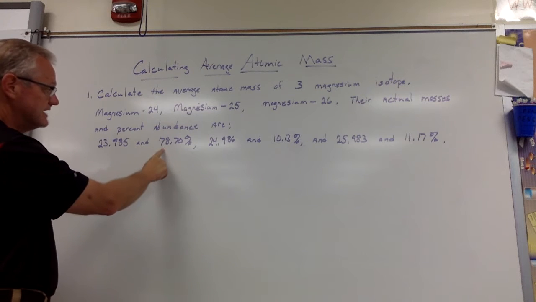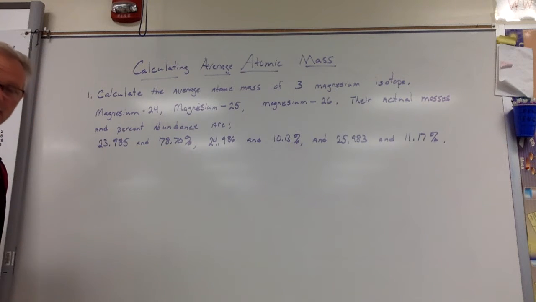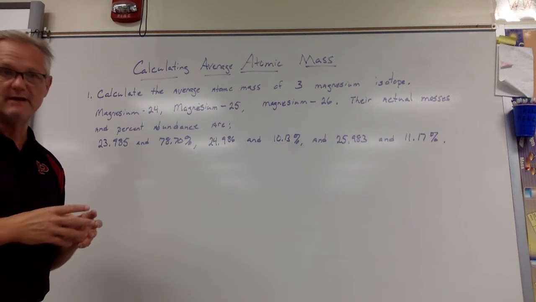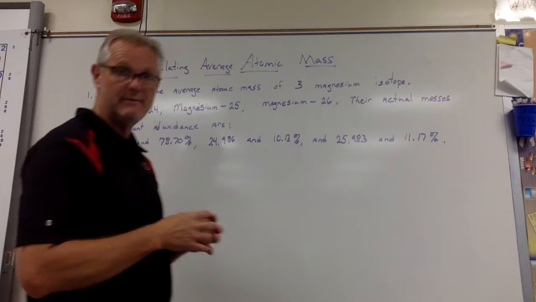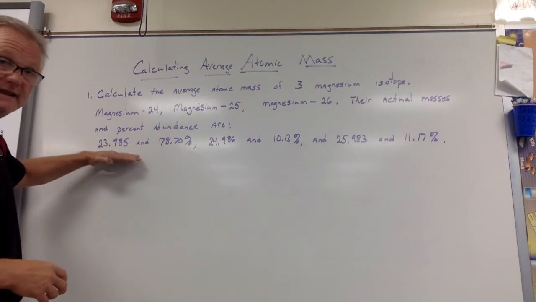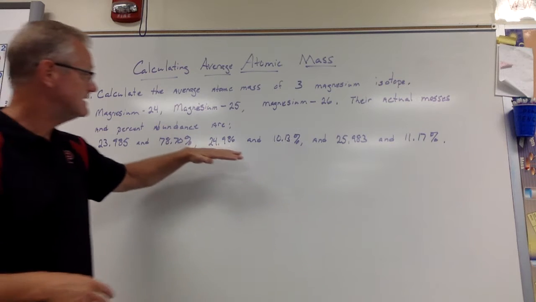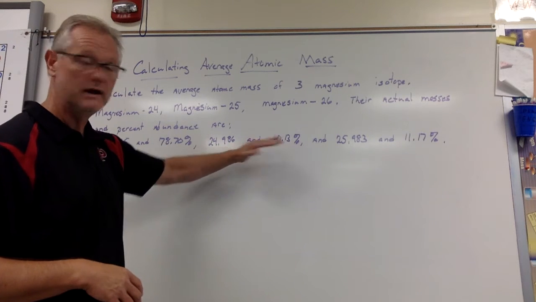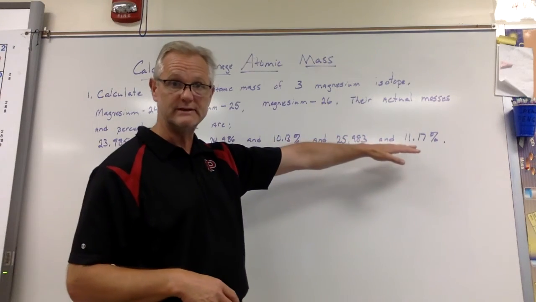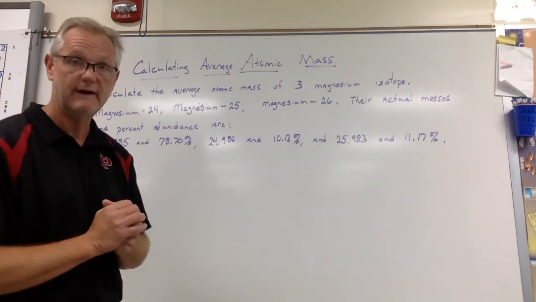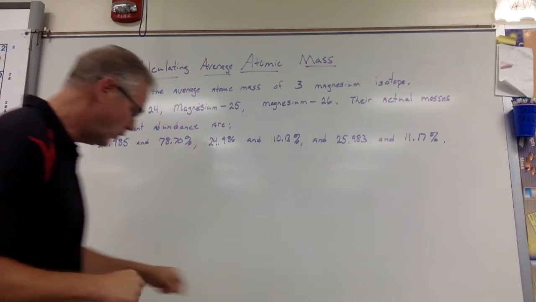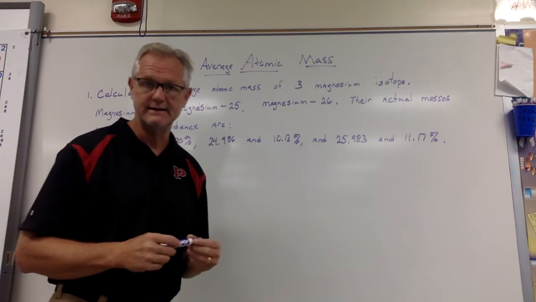It occurs 78.70%. That means that if you were to take a sample, just randomly dig it up outside, and find magnesium, 78.7% of it would be this isotope. 10.13% would be the 24.986, and then 11.17% would be the 25.983. All right, so what I would like to do is show you how to set this up.